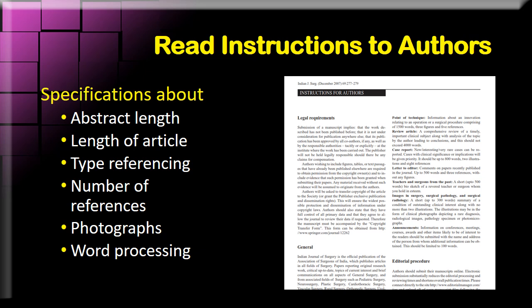And so you've got to read specifically the instructions to authors from the journal website before you actually send your material in. If there are small changes to be made, it's much better to make them well before you submit it, because one of the grounds for rejection is that your submitted article does not conform to the requirements of the journal.